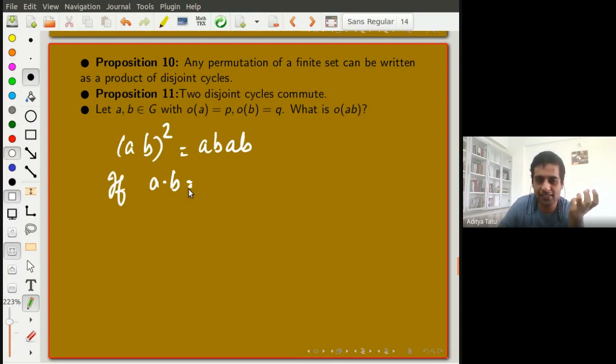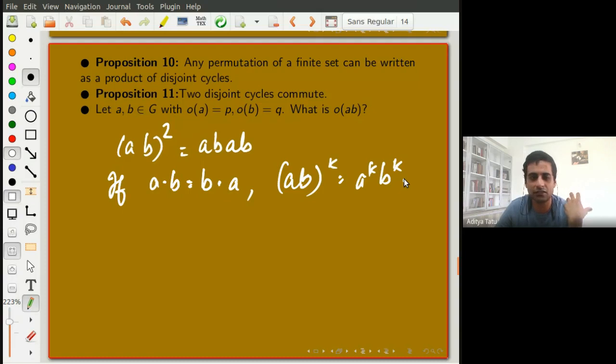As far as these two commute, if AB is equal to BA, then (AB) to the power K is equal to A to the power K, B to the power K. We need not talk of the entire group being abelian. I hope you see this point.